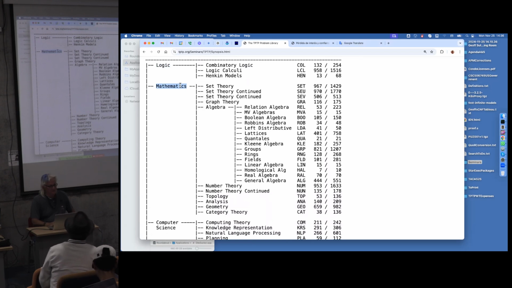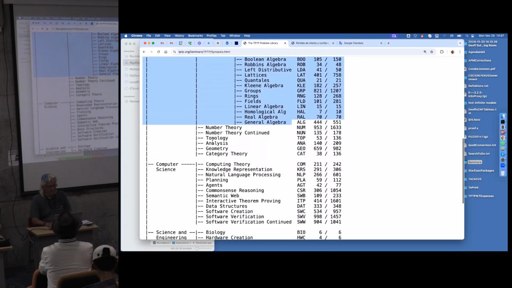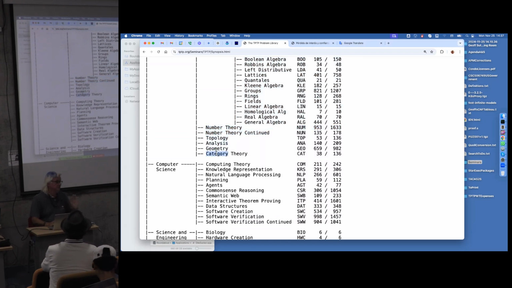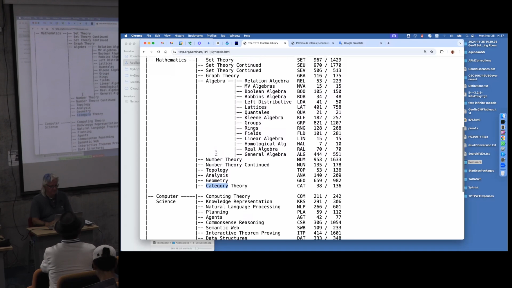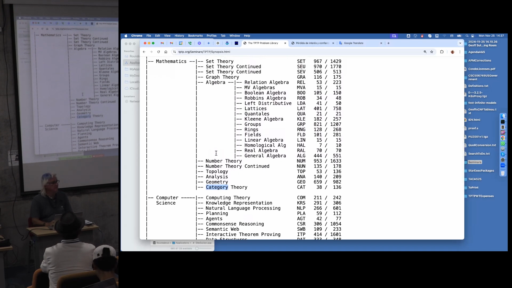We have problems in mathematics, lots of set theory, graph theory, algebra, broken down into all different algebras, number theory, topology, analysis, geometry, category theory. So lots of mathematics problems to test your automated reasoning program if you want to write one.